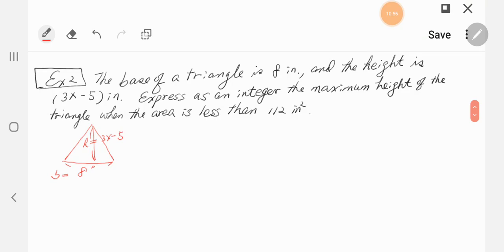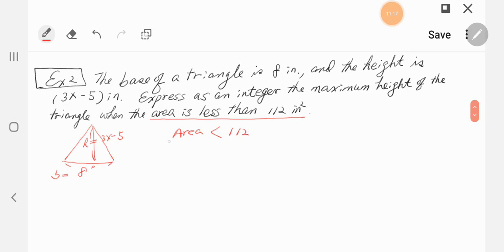Express as an integer the maximum height. We want to find the maximum height of the triangle when the area is less than 112 square inches. So this means less than 112, right?